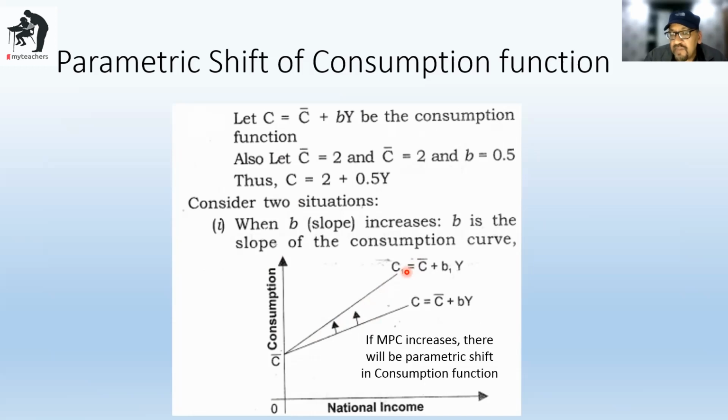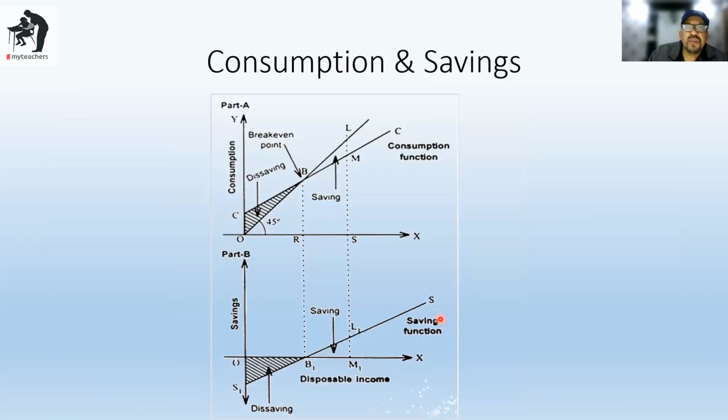If the value of MPC decreases, then C will be a flatter line like this. So this is the effect of change in MPC on the consumption function.